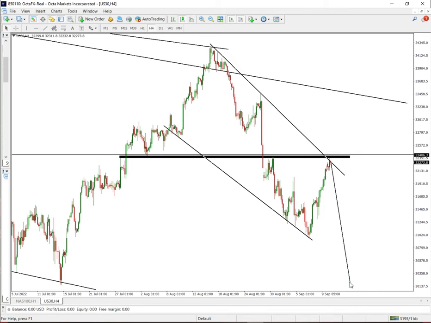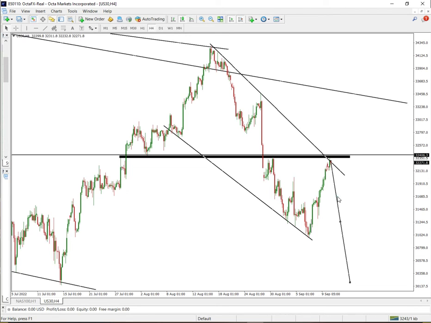Remember, this is a channel within a channel. This is our descending channel, which presented us with lower highs and lower lows, lower highs and lower lows, lower highs and lower lows. So from here on, we are anticipating that we're going to continue going down, give us another possible lower low.